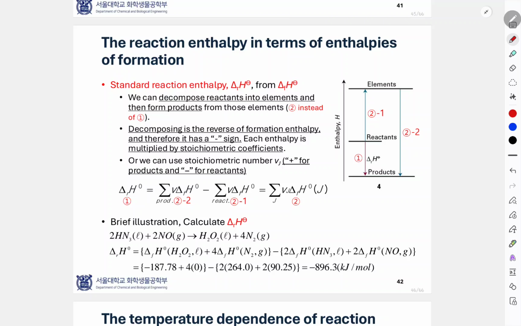So the value of a standard reaction enthalpy is the sum of these unforming and forming enthalpies.